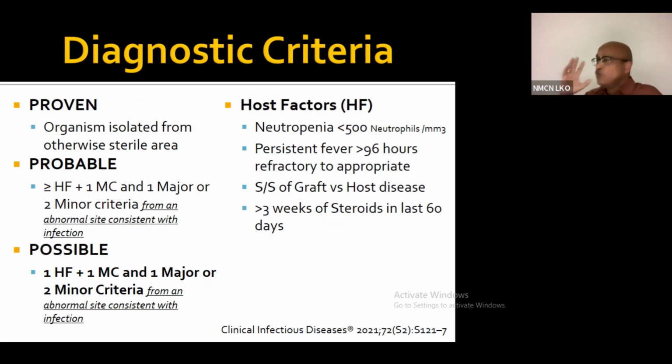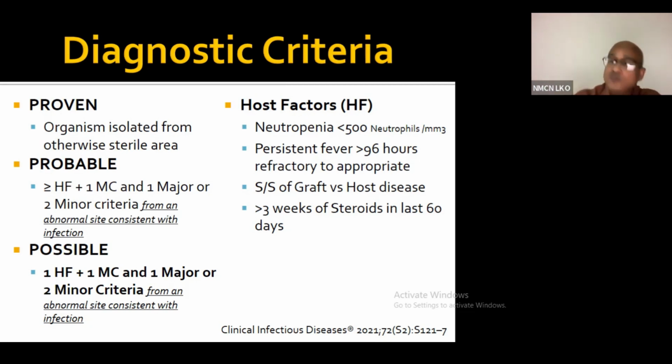So it is mostly a cancer-driven strategy for labeling your patients. Is it a proven case of fungal infection? Is it a probable case, where there is more than one host factor available with one microbiological or mycological evidence, plus one major or two minor criteria based on the site involved? So it is based on all these. When it becomes possible, you can see changes from proven, probable, possible. And then there are host factors.